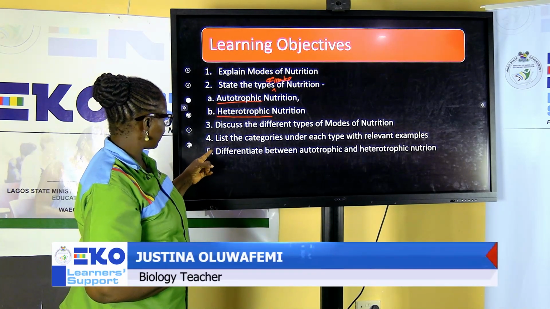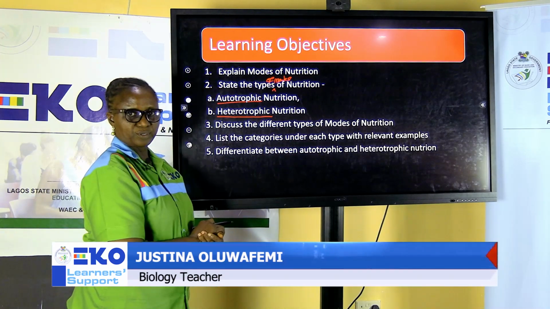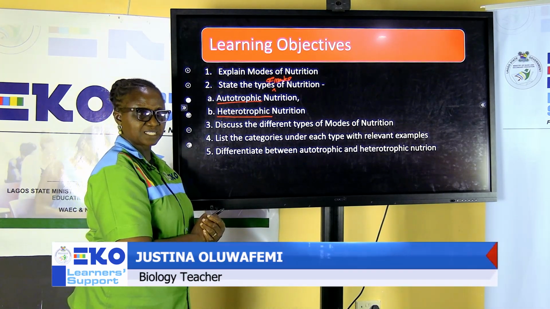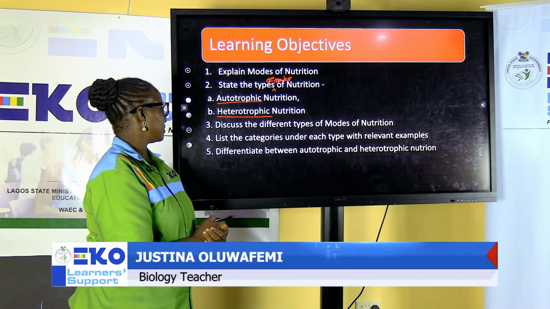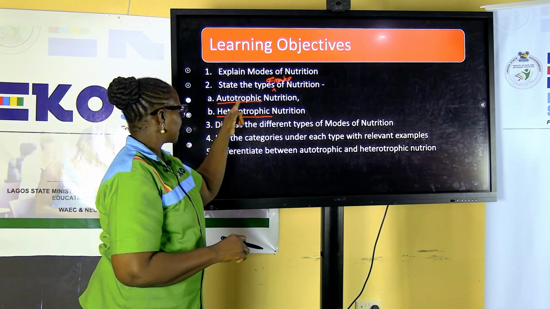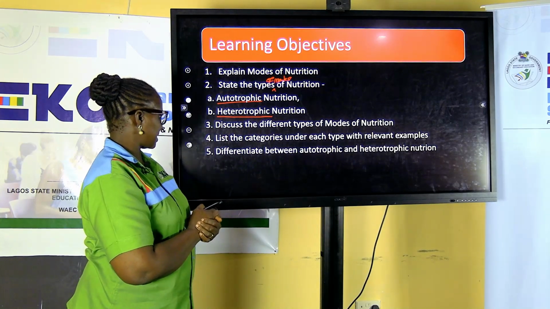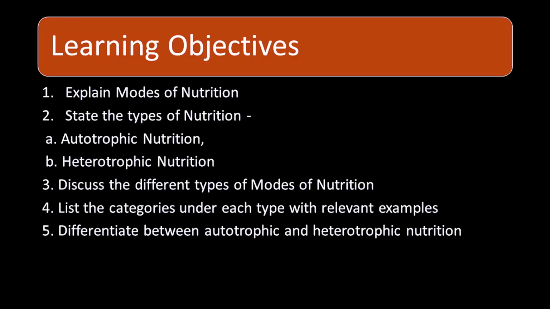You are expected to list the categories under each type, and you give relevant examples. We will be looking into each one after the other. And lastly, it's expected that you'll be able to differentiate between autotrophic and heterotrophic nutrition.